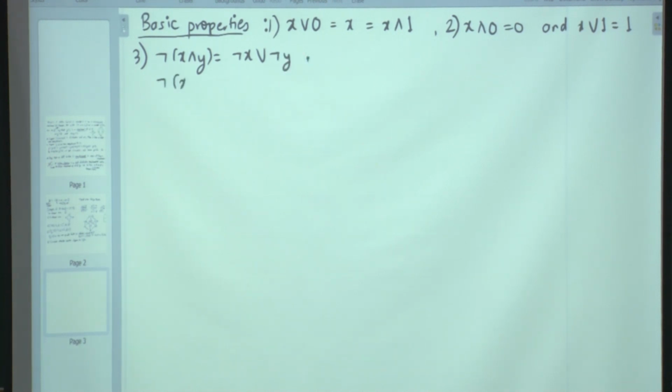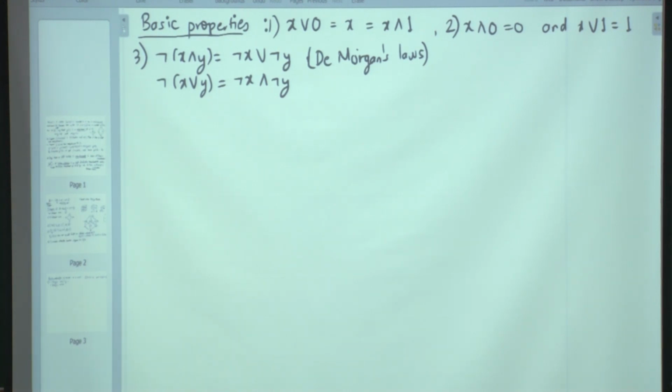And the other property is the dual property, that negation of x join y is negation x meet negation y. Okay, so these are called De Morgan's laws.